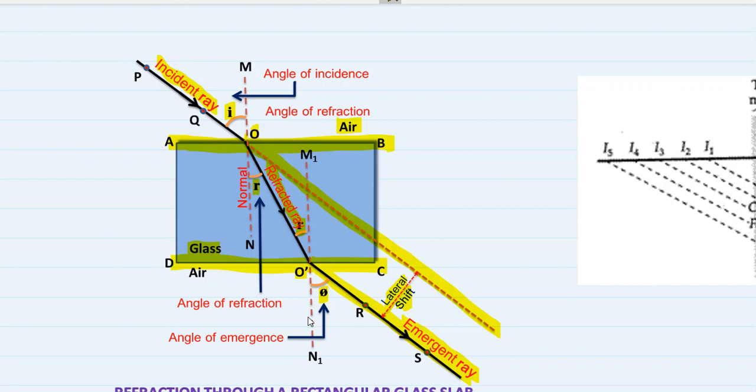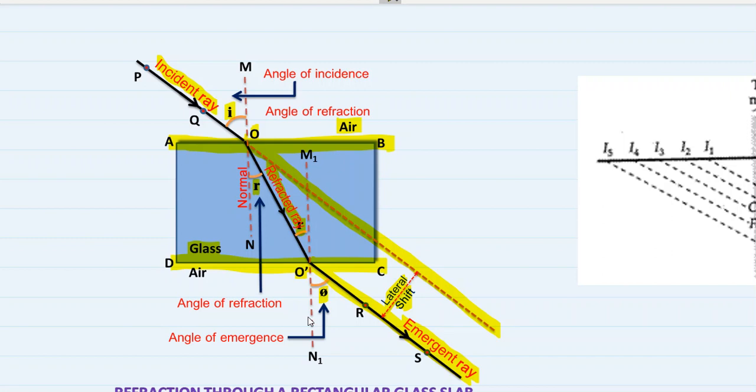So that's why there is a lateral shift. Definitely there has been a change of speed when the ray of light enters from air to glass, and again the speed has increased when the ray enters from glass to air on emerging out. But this has not resulted in permanent bending of light. This has resulted in a lateral shift.